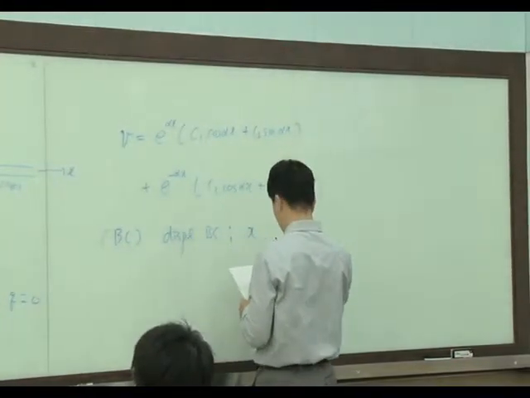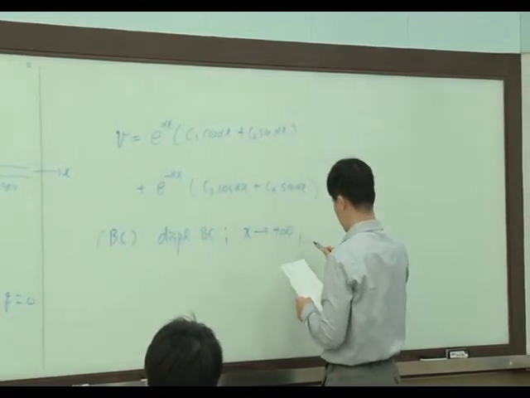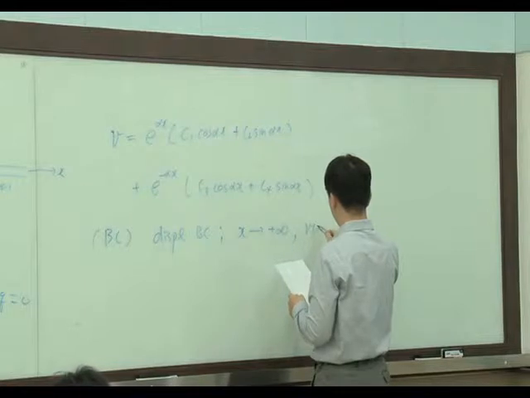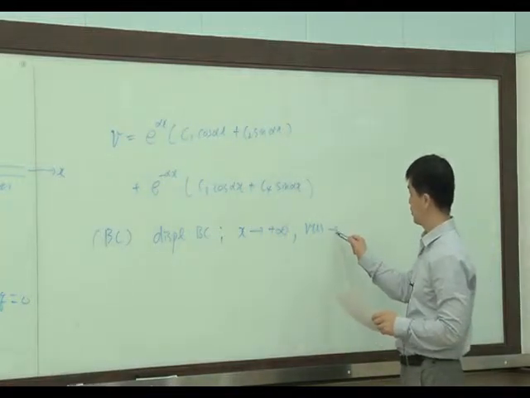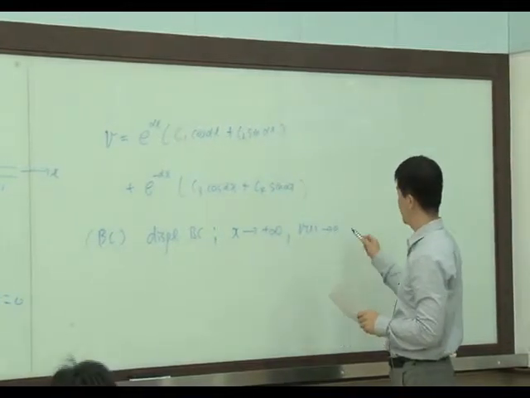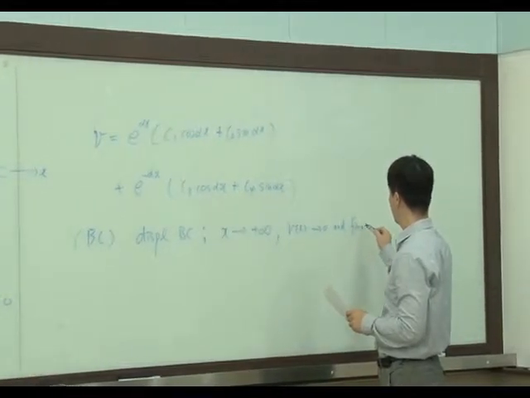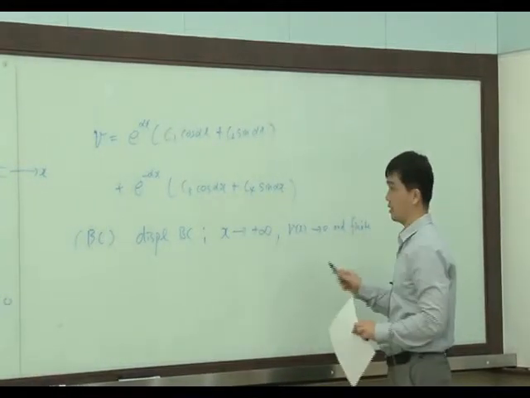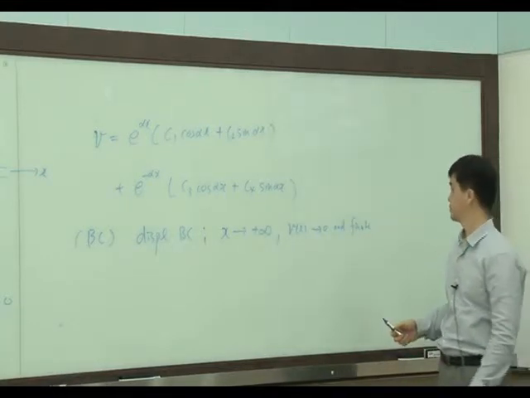So when x goes to plus infinity, v(x) goes to 0, right? It cannot be infinite; 0 means finite. It has some value.